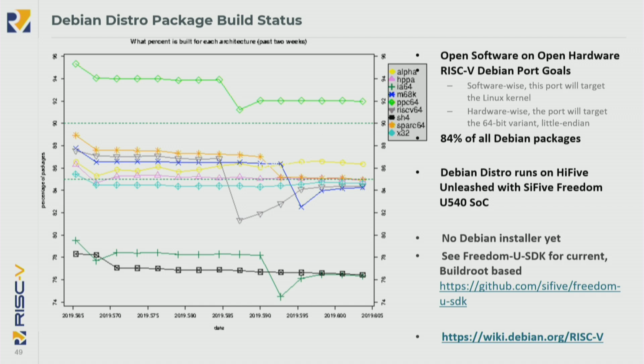And at the moment, it too doesn't have a Debian installer. However, you can create a boot image by following the instructions at the SiFive Freedom U SDK site, or check out the Debian RISC-V link itself.